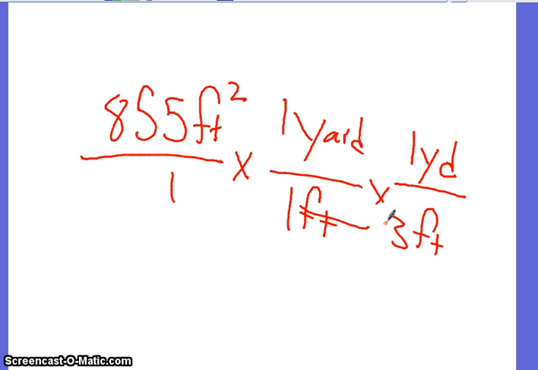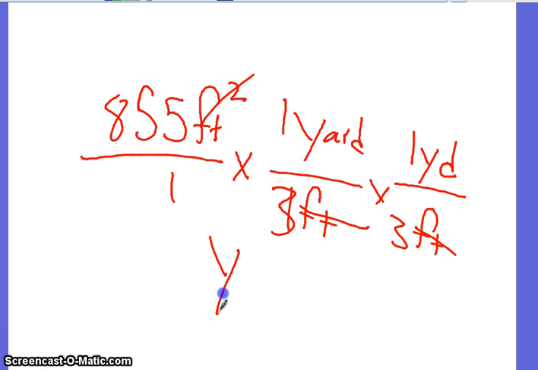That gets rid of my square feet here. So I have to do, in essence, 855 divided by 3 divided by 3, or 855 divided by 9 to get my answer. And my answer will be in square yards because I got 2 yards there.